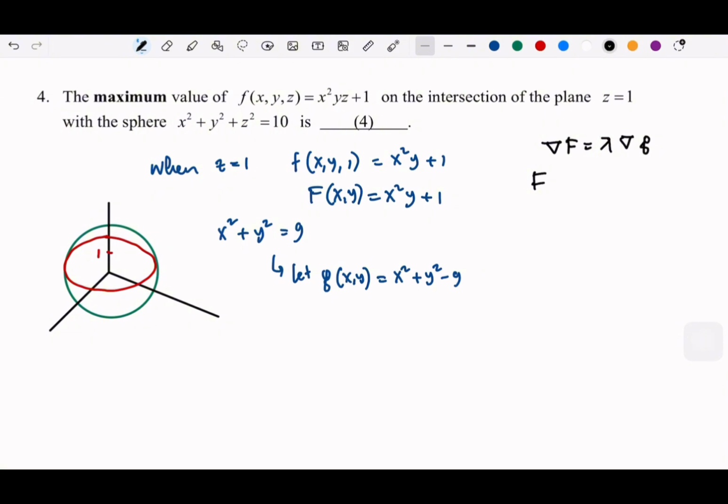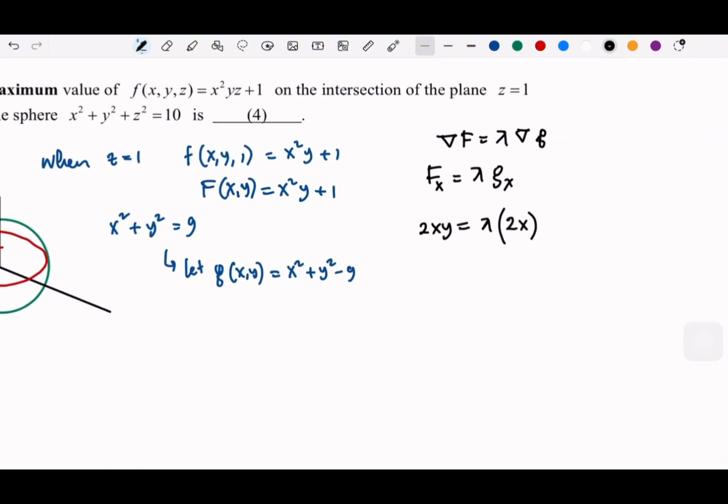The partial fx equals lambda times partial x of g, so this will be 2xy equal lambda times 2x. And then for partial y, this will be x squared equals lambda times partial g, which is 2y.